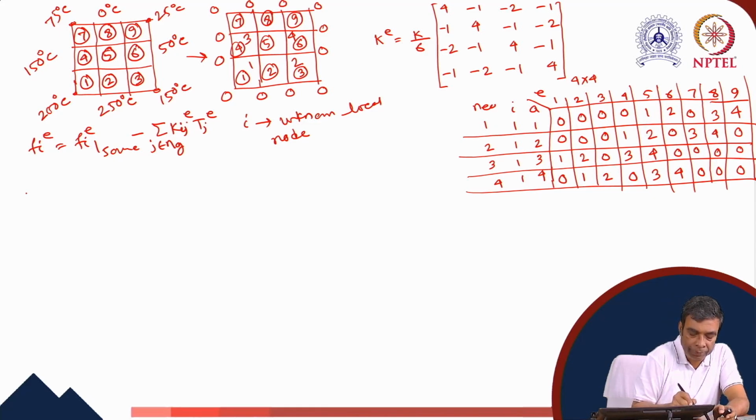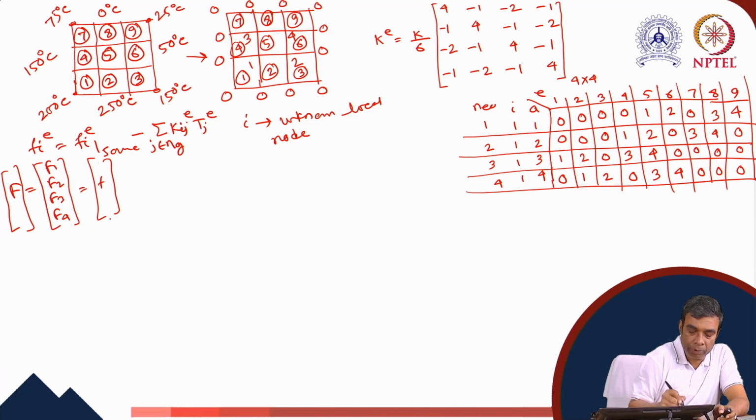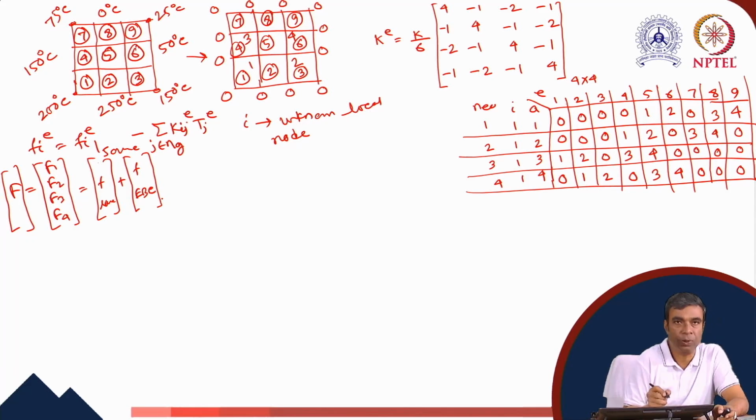So here our global load vector F, with entries F1, F2, F3, F4, equals F source plus F due to EBC.